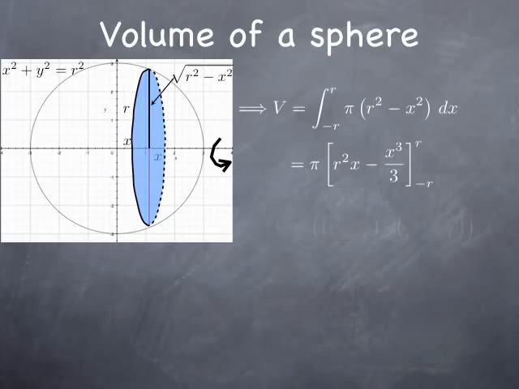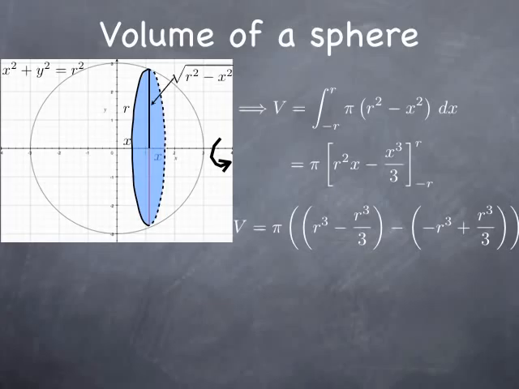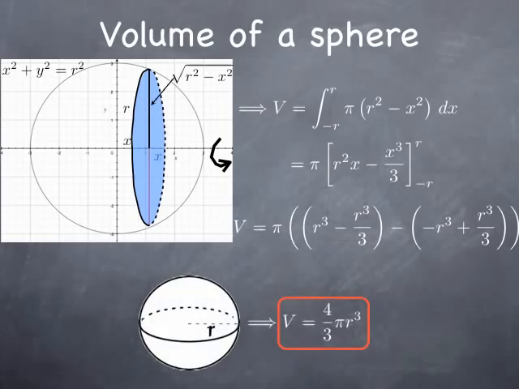And when we plug in r, we get r cubed minus r cubed over 3. When we plug in negative r, we get negative r cubed plus r cubed over 3. We take the difference of these two, and what we get is 4/3 of r cubed, and therefore the volume of a solid sphere of radius r is 4/3 pi r cubed.